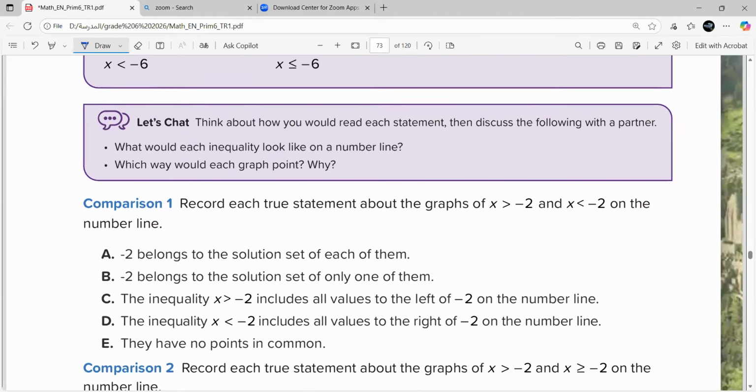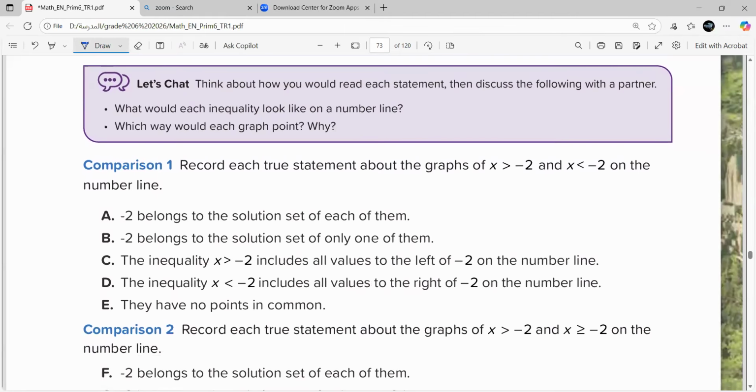very good. Let's solve this question together. Record each true statement about the graphs of x greater than -2. If we represent this inequality on the number line, x is greater than -2.